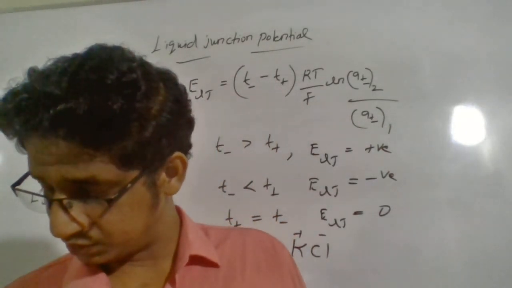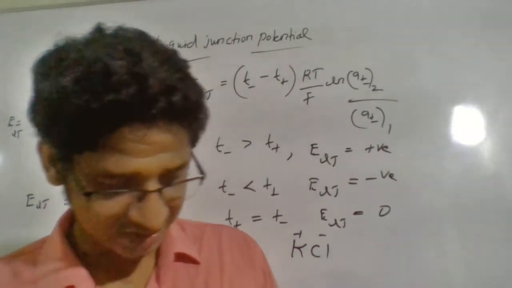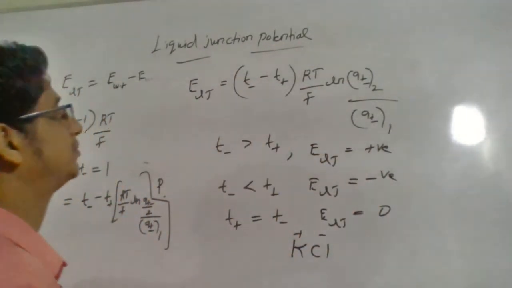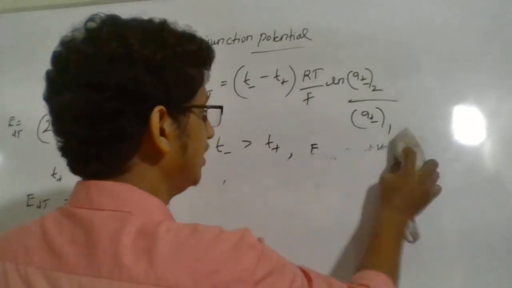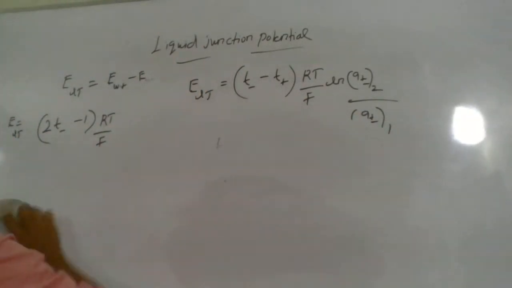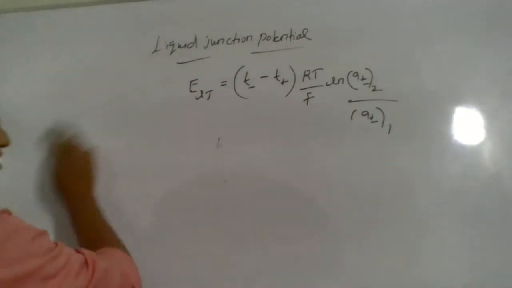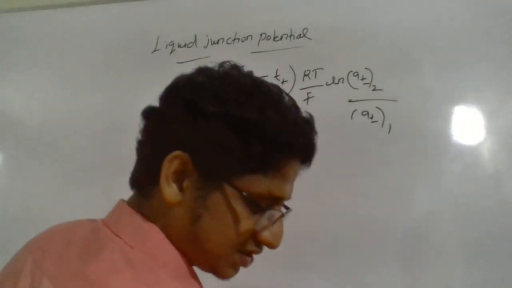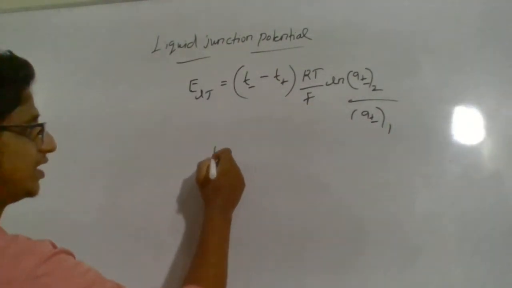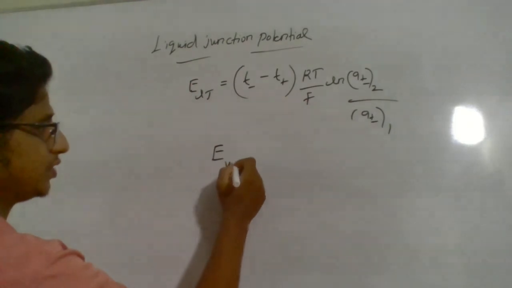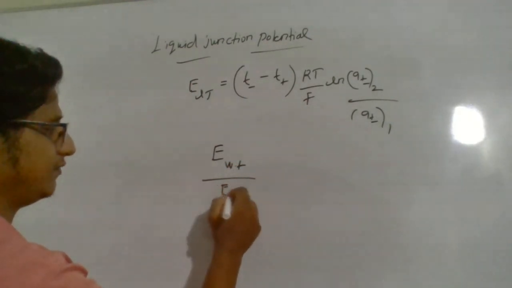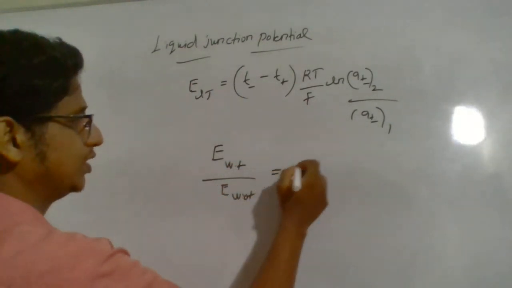So that's all for today. Now let us discuss one more point. Let us wind up, because now we have an expression for the EMF of the cell with transference and the EMF of the cell without transference that we already wrote, right? So E with transference divided by E without transference will be equal to 2t-.